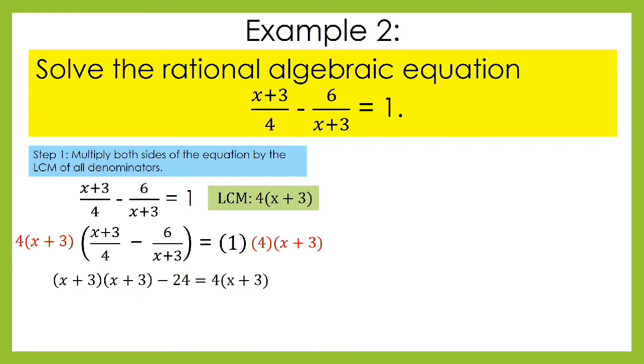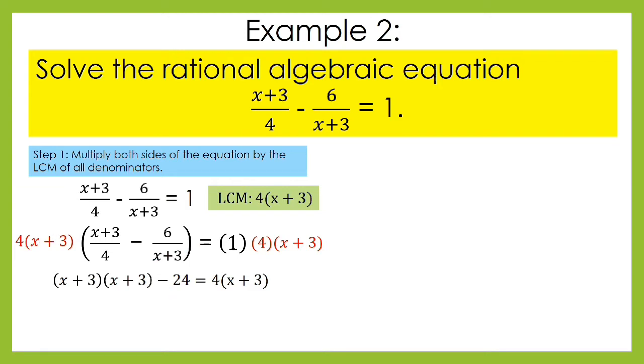And then, after that, i-multiply din natin si 4 and x plus 3 sa -6/(x + 3). Meron tayong x plus 3, pwede nating makancel. Kaya ang naiwan ay si 4 at negative 6. Multiply 4 and negative 6, we have negative 24.